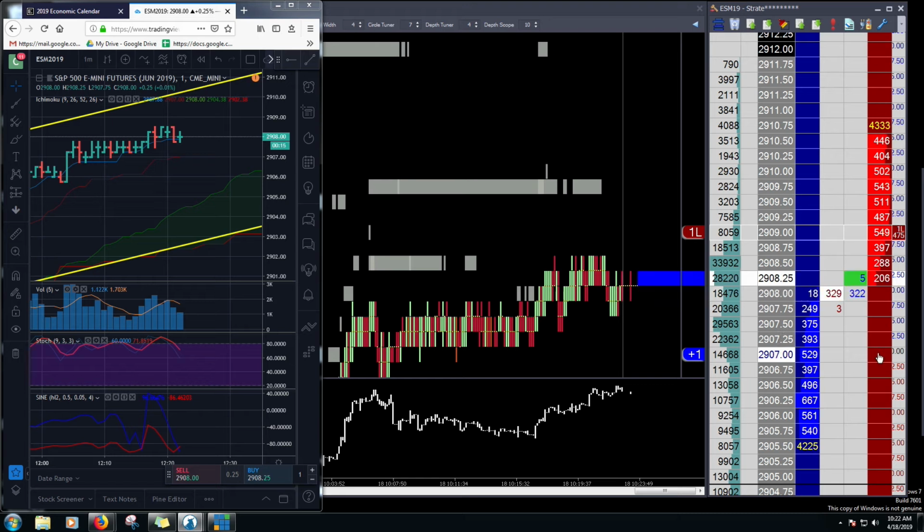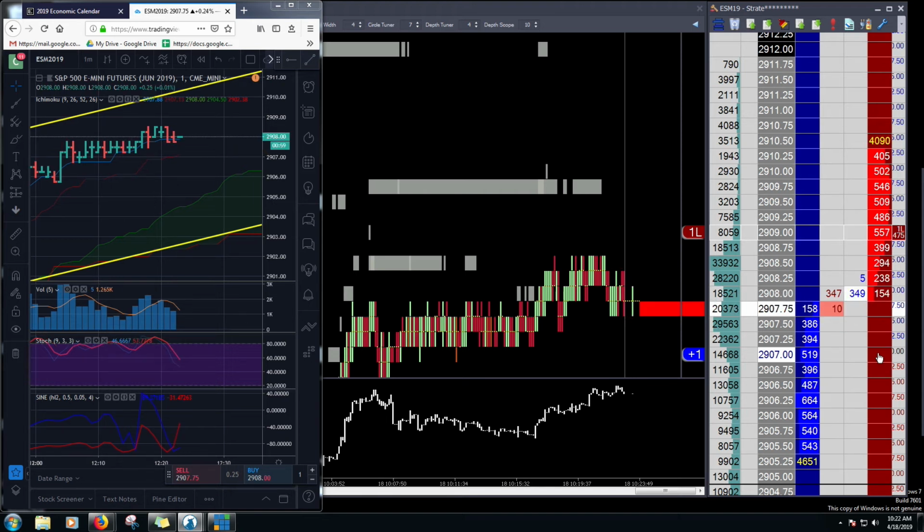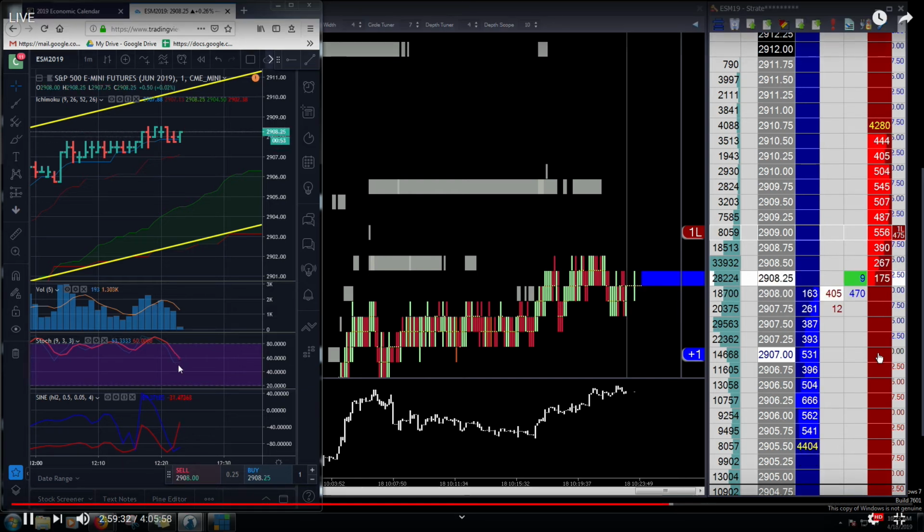Because at this point, I'm thinking, am I going to hold this? Is this going to be another stalemate? Is this going to push back up? Is this one of those zones? Is this just a pullback zone? And this is where the technical indicator comes in for me here. This stochastic is starting to drop further down than it has this entire uptrend.